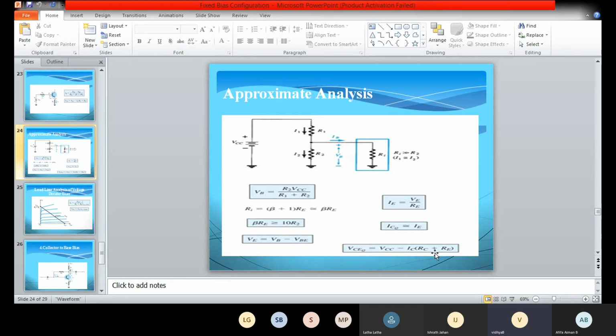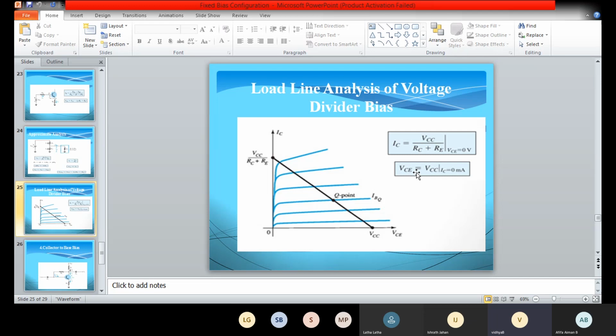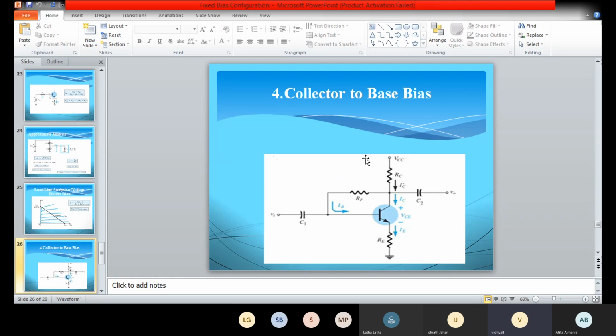IC is equal to VCC divided by RC plus RE. If we substitute IC as 0, then VCE is equal to VCC. That is what I have written here. For the IC value, here it is. VCE value, here it is. This is the load line analysis of voltage divider bias.